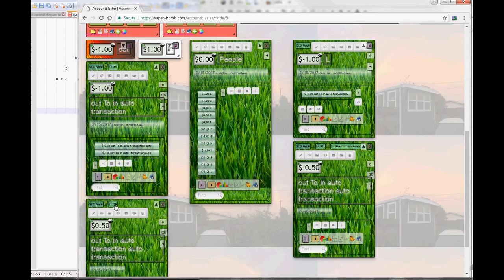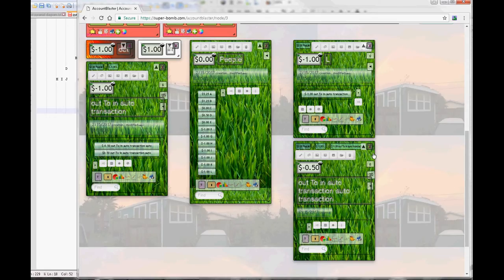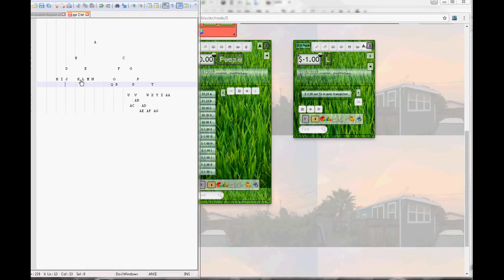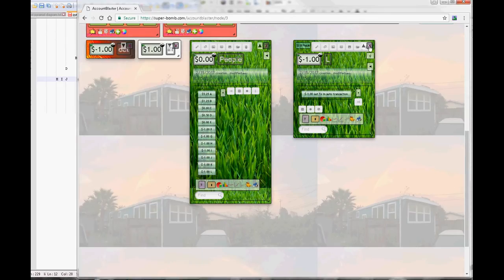Right there, B. Go up to the parent, it's in B. That's where it is. So, initial tests regarding what happened with the L account look correct. Okay.